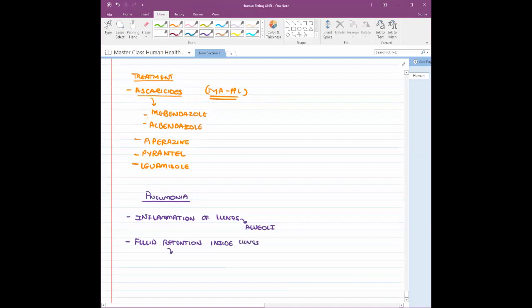Now if you're suffering from pneumonia, if you have any symptoms like that, then they will do a scan of your chest. Basically they will take an x-ray. In the x-ray, you are going to see consolidation, meaning you will see some nodule-like things or circle kind of things observed in your x-rays.